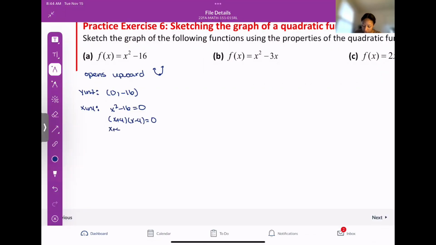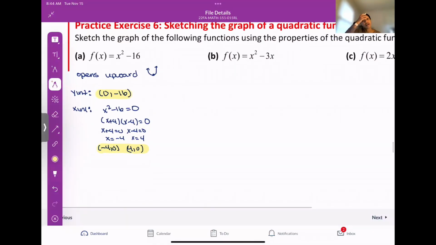Setting each factor to 0 gives us x equals negative 4 and x equals positive 4. We want to write our intercepts as ordered pairs. So the ordered pairs would be (-4, 0) and (4, 0). Let's highlight this stuff. So y-intercept, x-intercepts.